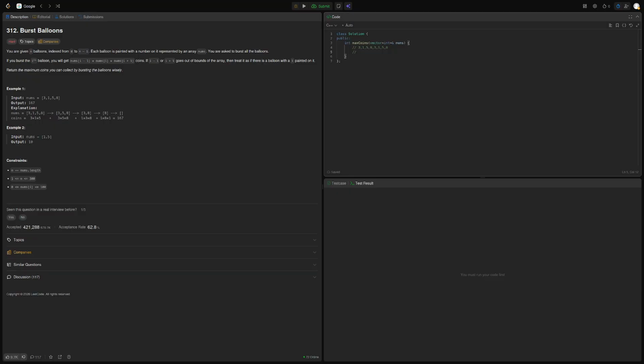I mean, okay, let's start with brute force, I guess. So how would the brute force work? Let's see. Well, we can start with 1, right? And then there is some element that will be burst last, then there will be some other element that will be burst next.